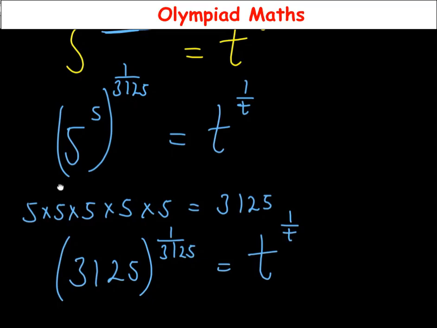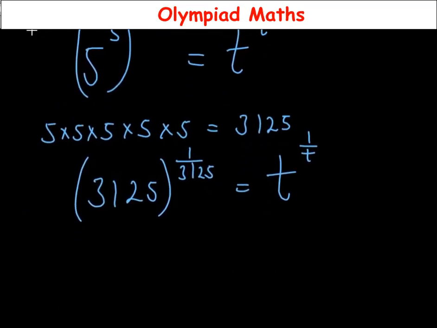Now looking at it closely, what we have done is that we have made the base here equal to the power denominator. Same thing also on the right hand side: t, which is the base, is equal to the power denominator, which is also t.